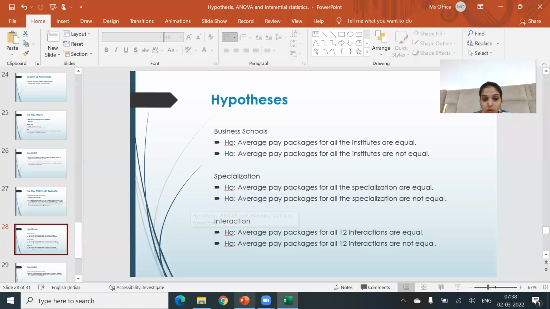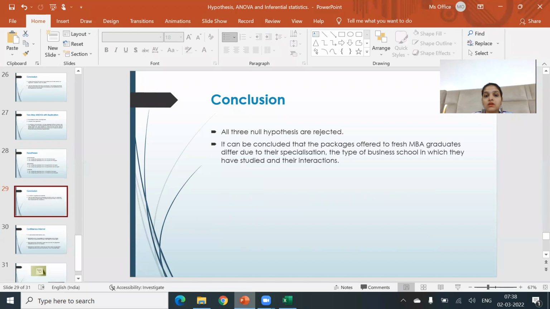So, I can conclude that packages offered to fresh MBA graduates differ due to their specialization, the type of business school in which they have studied, as well as the interaction between the specialization and business school. So, I can capture the interaction effect with the help of ANOVA two-way with replication.